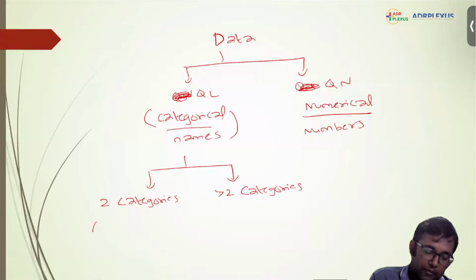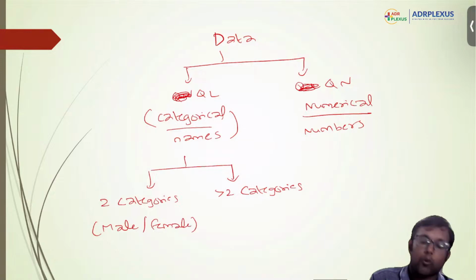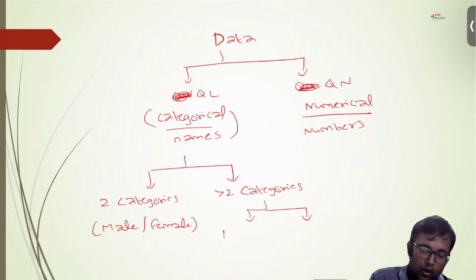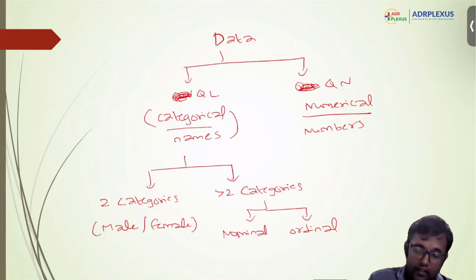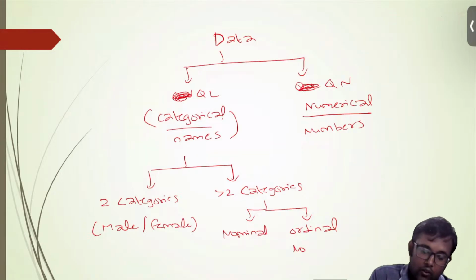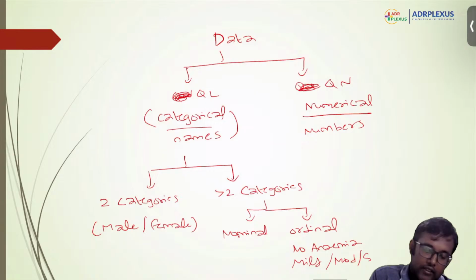2 categories means like male, female. If there are more than 2 categories, then we have to see whether there is an order or no order: nominal or ordinal. Ordinal means there is an order, like no anemia, mild anemia, moderate anemia, severe anemia.